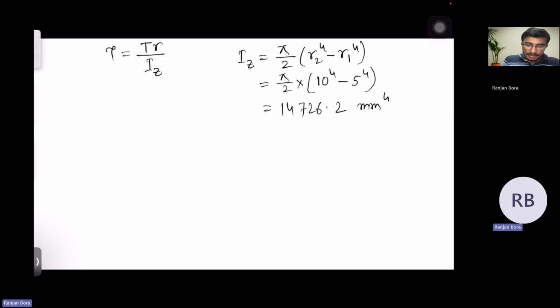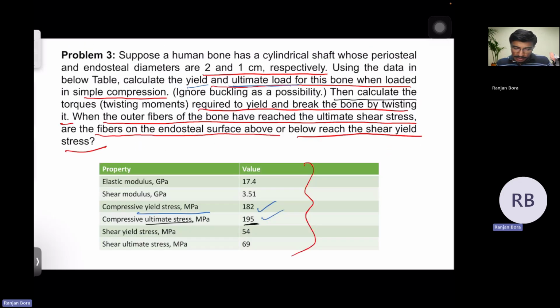Now, from this equation, we'll find the magnitude of the torque that can be applied to reach the shear yield stress. The shear yield stress is given as 54.